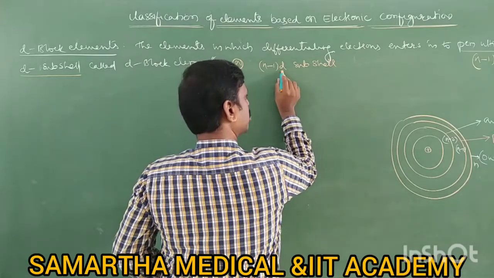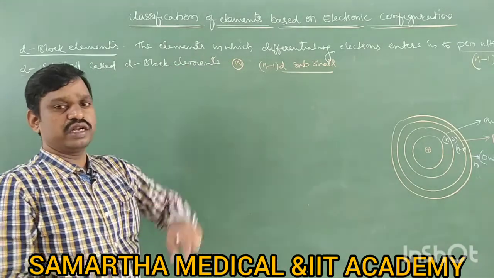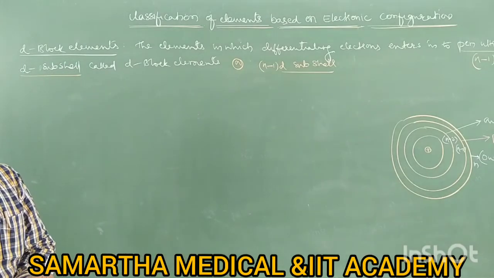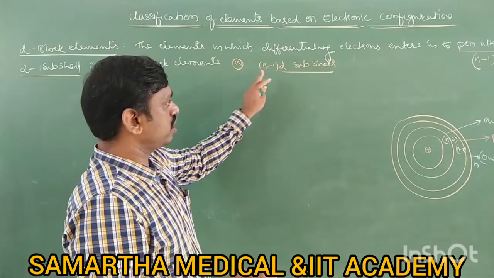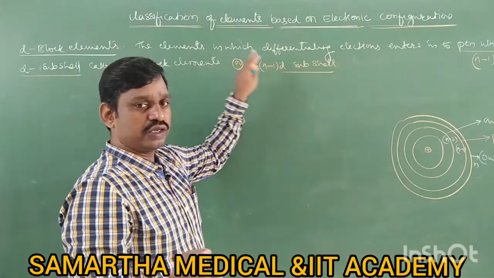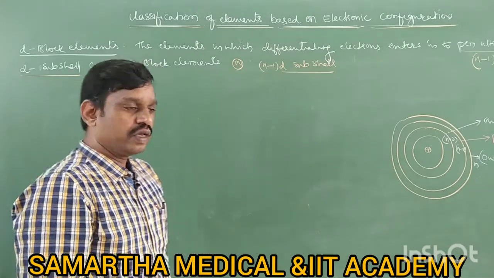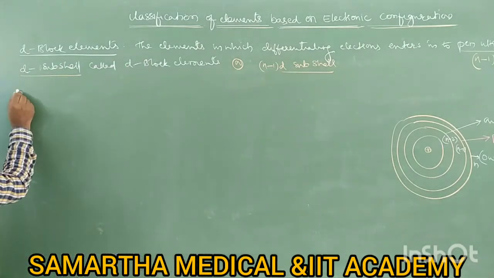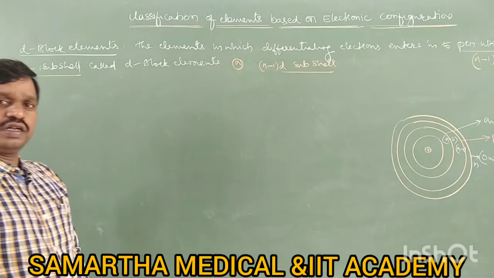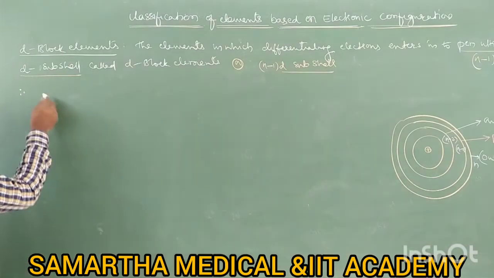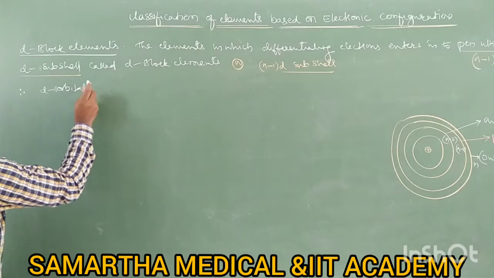If the differentiating electron enters into the n minus 1 d subshell, then it is called D block element. In D block elements, the differentiating electron enters not into nd, but into the n minus 1 d subshell. Next, we know that d orbital can accommodate a maximum of 10 electrons, d10.